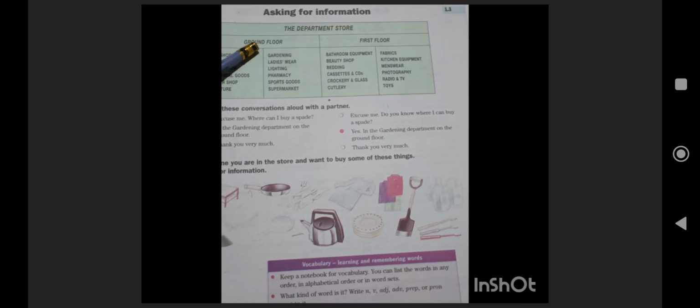But it's okay as well to explain the lesson. So here is a simple example for this lesson, asking for information about a department store. Here about the department store.